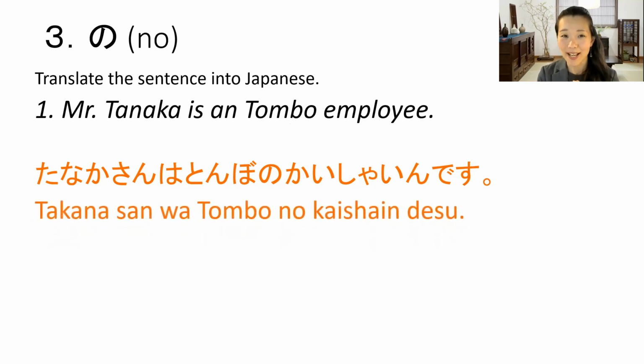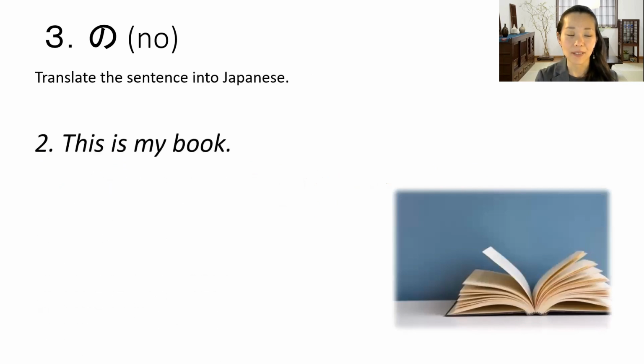Let's practice. Repeat after me. 田中さんはトンボの会社員です. One more time. 田中さんはトンボの会社員です. はい. Good.